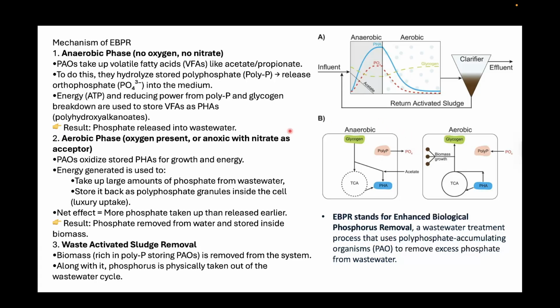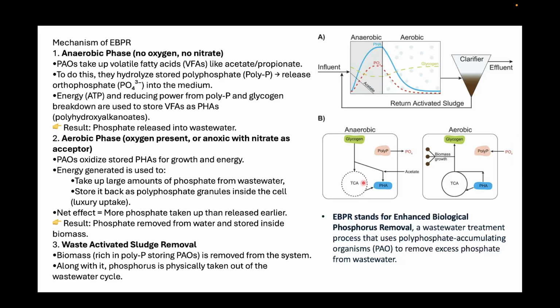Energy in the form of ATP and reducing power from the polyphosphate and glycogen breakdown are used to store these volatile fatty acids as polyhydroxyalkanoates, PHAs. As a result, phosphate is released into the wastewater with the uptake of acetate in the anaerobic phase.